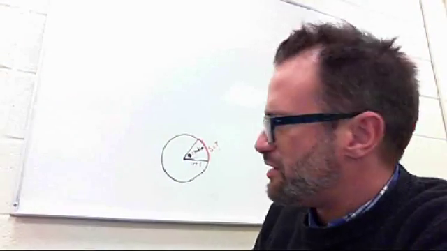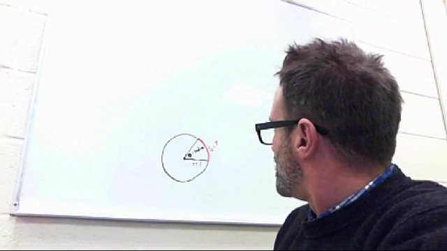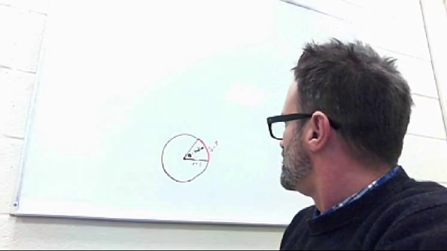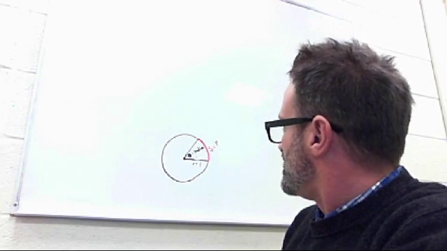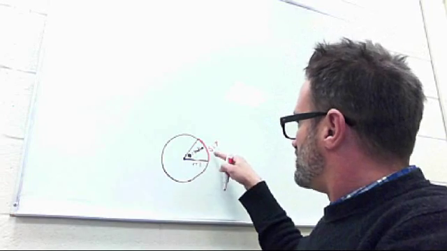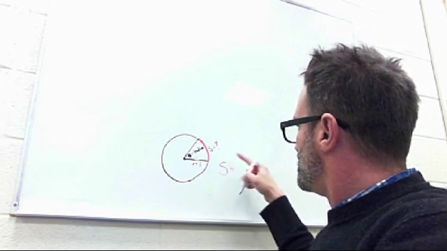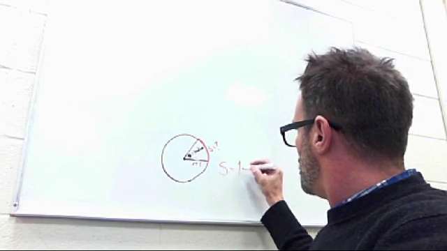Well, if we understand that when we have an angle measure that is 1 radian and the radius is equal to 1, then by definition the arc length S is going to be the length of 1 radius. That would be 1.